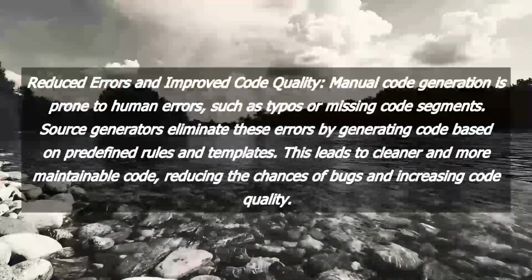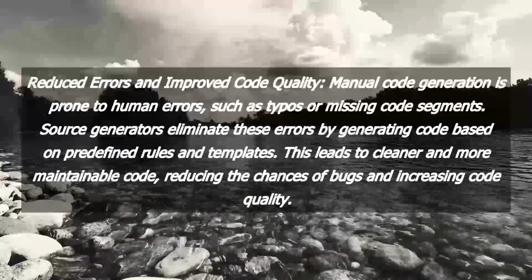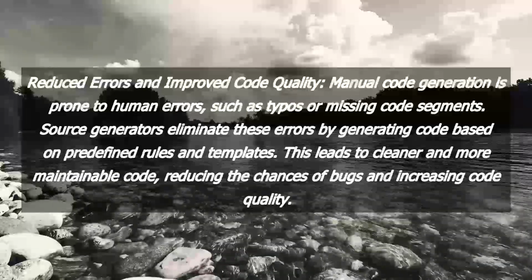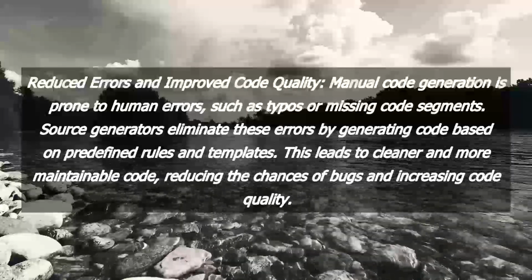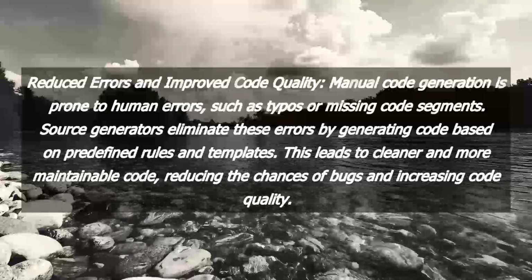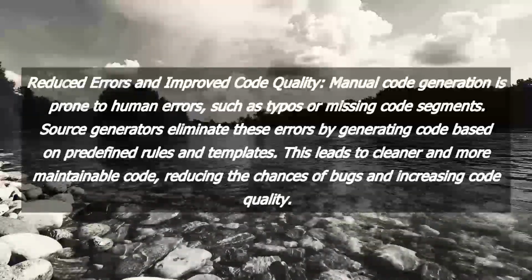Reduced errors and improved code quality. Manual code generation is prone to human errors, such as typos or missing code segments. Source generators eliminate these errors by generating code based on predefined rules and templates. This leads to cleaner and more maintainable code, reducing the chances of bugs and increasing code quality.